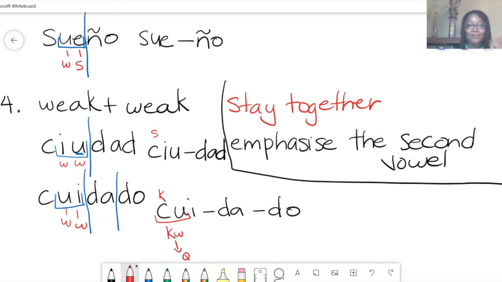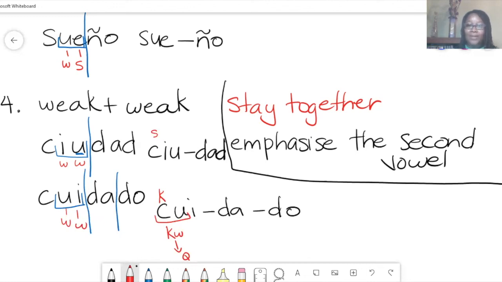Okay, so right away, we have some clues as to how we're going to be pronouncing this word. And the stress again is going to be on the second vowel. So this is now going to become cui, da, do. Cui, you're hearing that I. Cui, da, do.